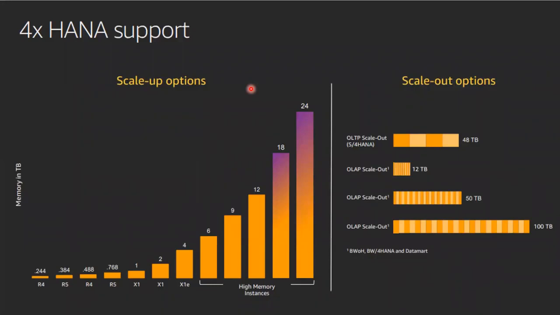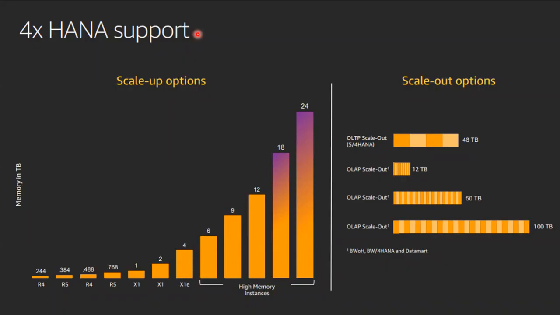So we talked about scale up options. You can start with very low, for example, with 244 GB of memory, and you can go really big. You can go up to 24 terabyte, with an instance which comes with 24 terabyte of memory.